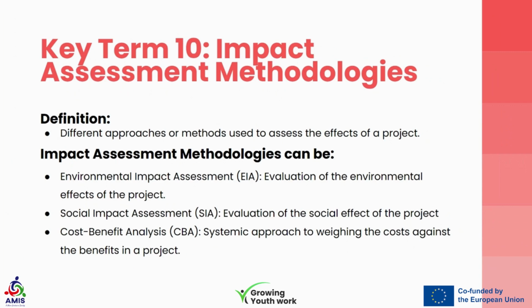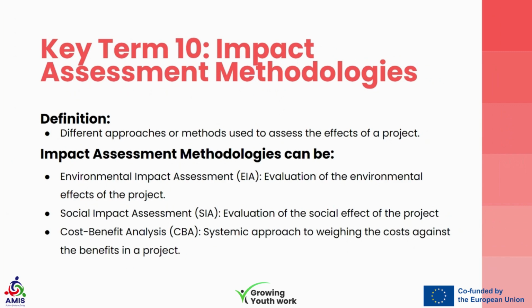Another one is social impact assessment, or SIA, which is an evaluation of the social effects of a project, which is often used by anthropologists when trying to get a project approved. Cost-benefit analysis is the last one and is also called CBA.